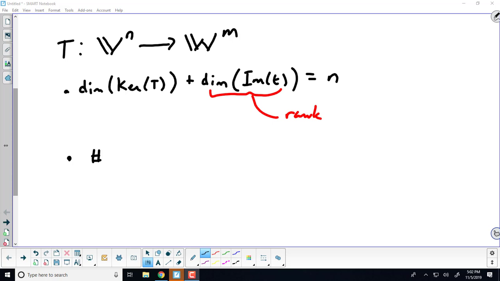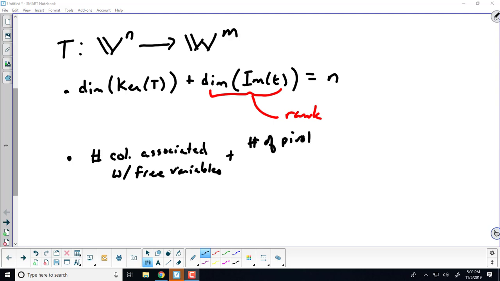So the number of columns associated with free variables plus the number of pivot columns has to equal n. And that should make sense. At that point, you have the total number of columns in this matrix.